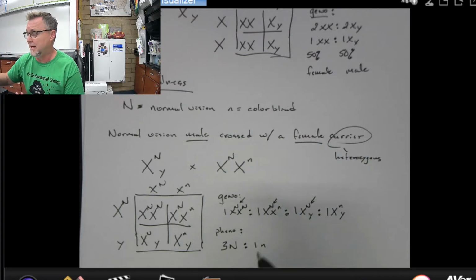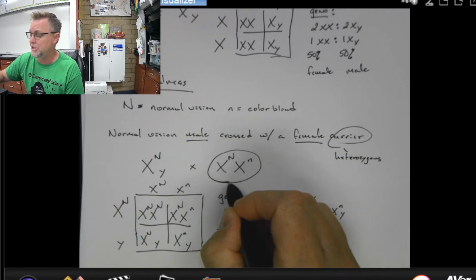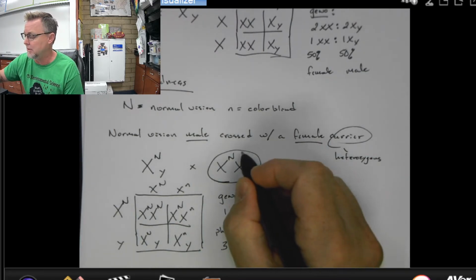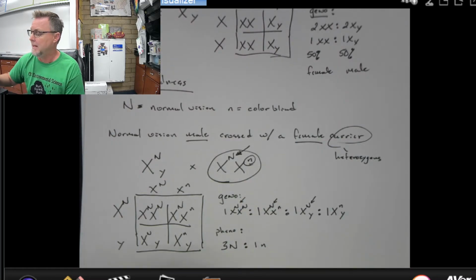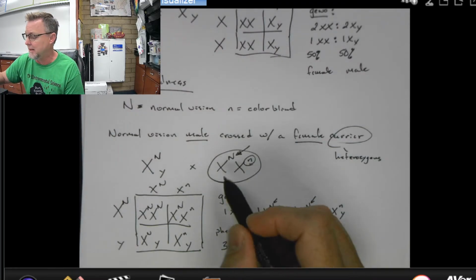So this example also illustrates how color blindness can be passed from mother to son. The mother up here carries it, but she doesn't show color blindness because she has a healthy normal vision gene to hide the colorblind gene that she's also carrying. So she's not going to be colorblind, but look what she did.